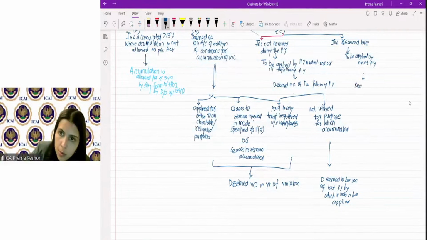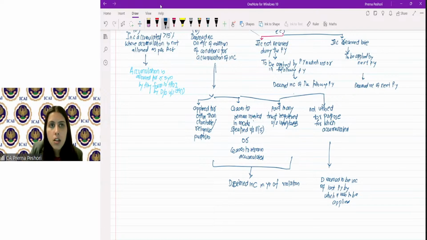And this will be my deemed income of next previous year. Okay. So this shall also be taxable under section 115BBI. Fine.